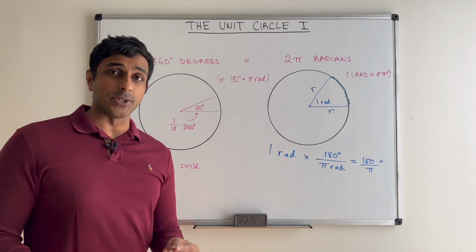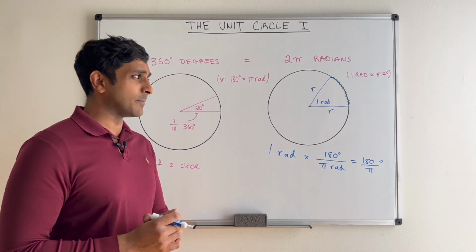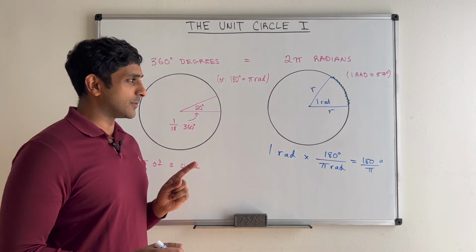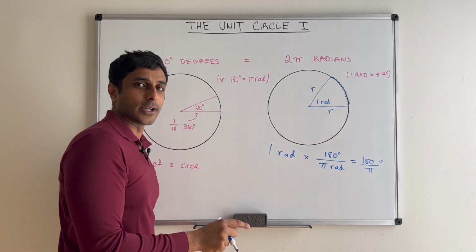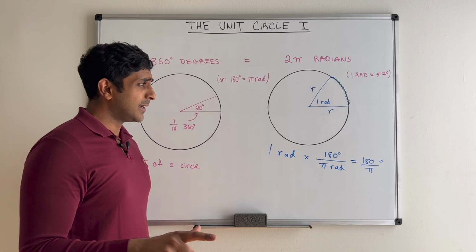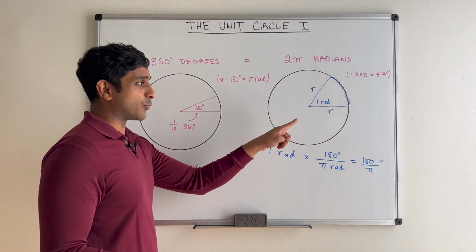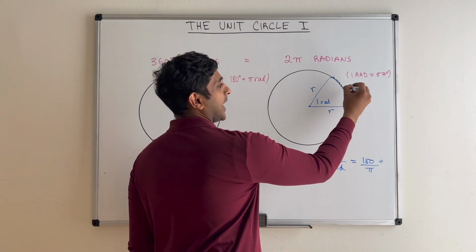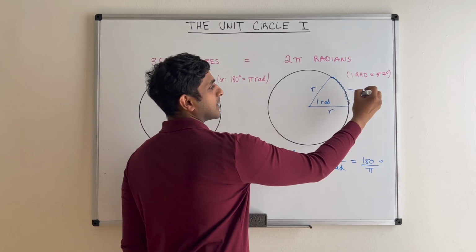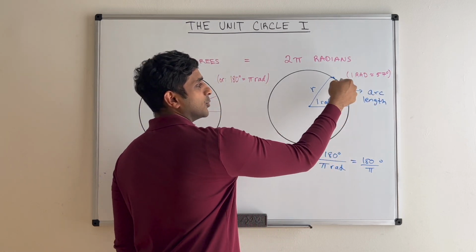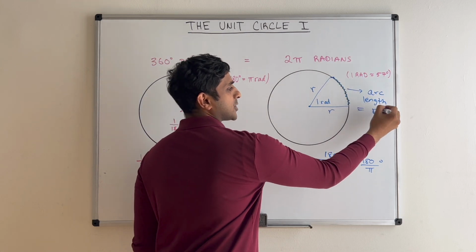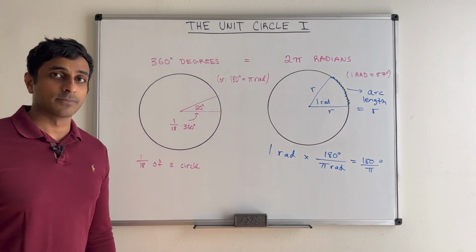So 57 degrees is nothing special intrinsically, but 1 radian is still very special, because if you move 1 radian along any circle, it doesn't even have to be the unit circle, if the radius of the circle is r, and you rotate 1 radian, the amount of arc length that you have moved along the circle is equal to the radius of the circle.